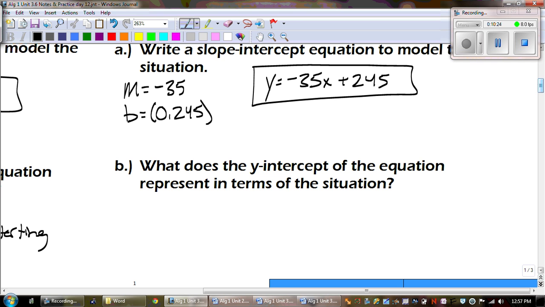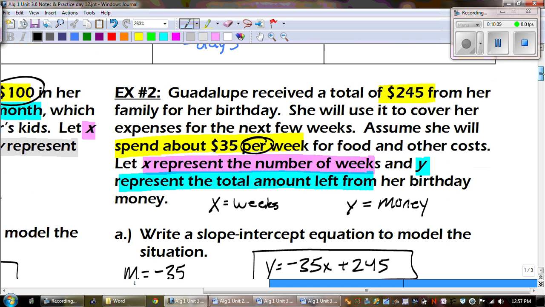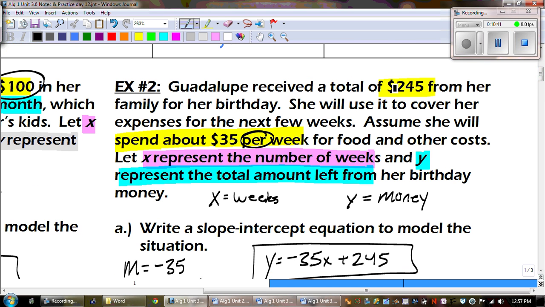All right, so what does the y-intercept of the equation represent in terms of this situation? Well, let's see. The y-intercept was 245. That's what we were just talking about. But what did that 245 mean? If you forgot, go back up. It's the first sentence.